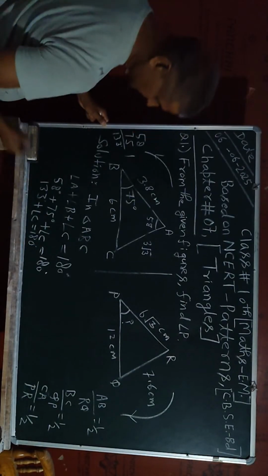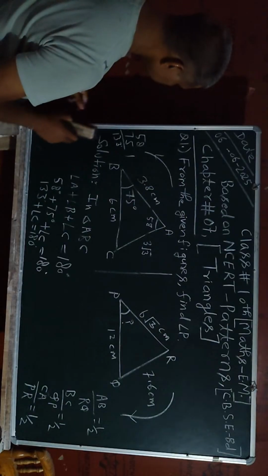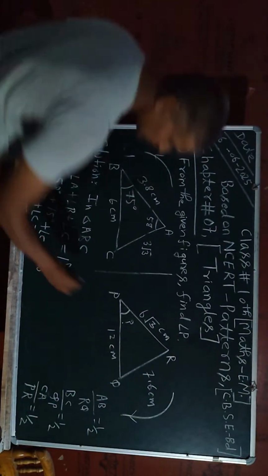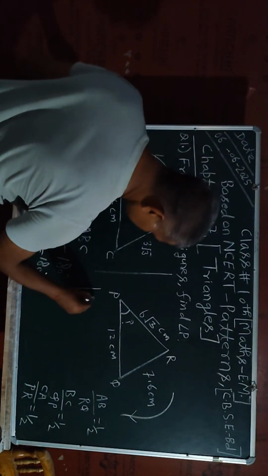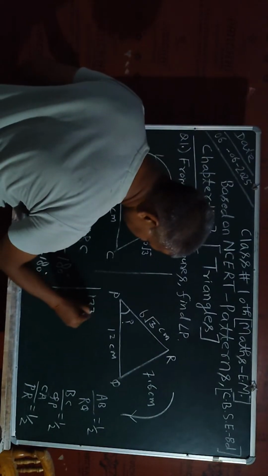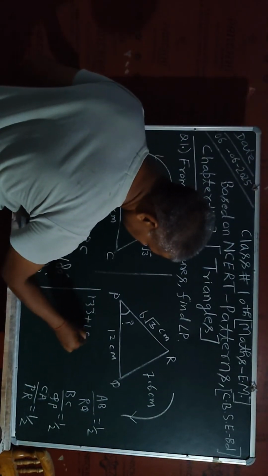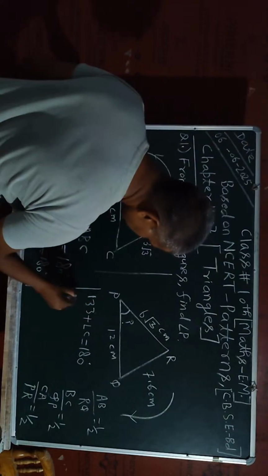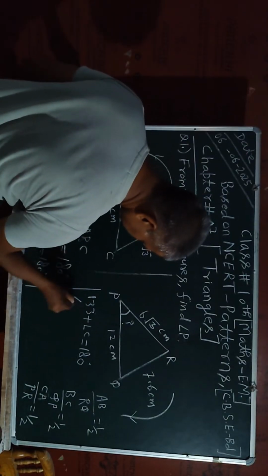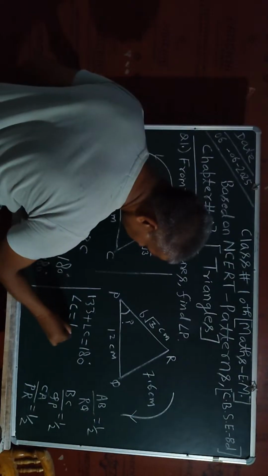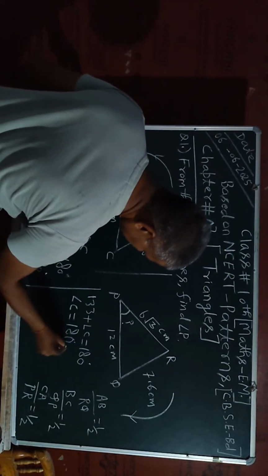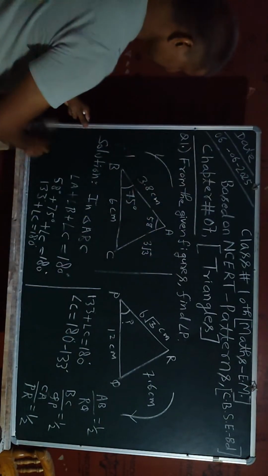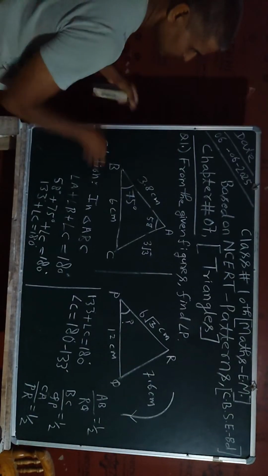So I will use this concept. Here I will say 133 degrees plus angle C is equal to 180 degrees. Now angle C is equal to 180 degrees minus 133 degrees. Now I will subtract clearly for getting this answer.